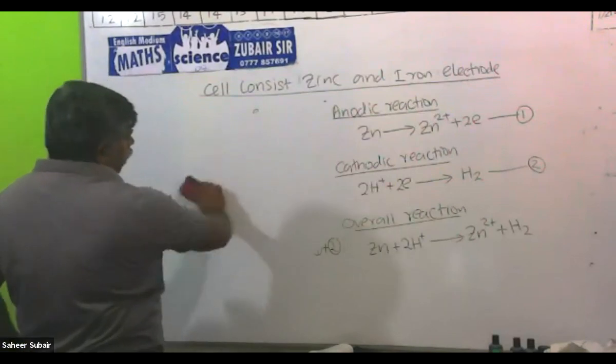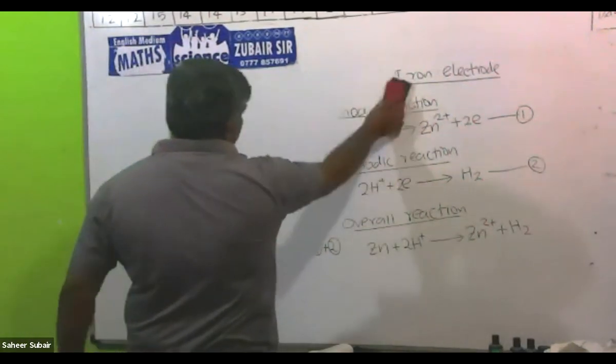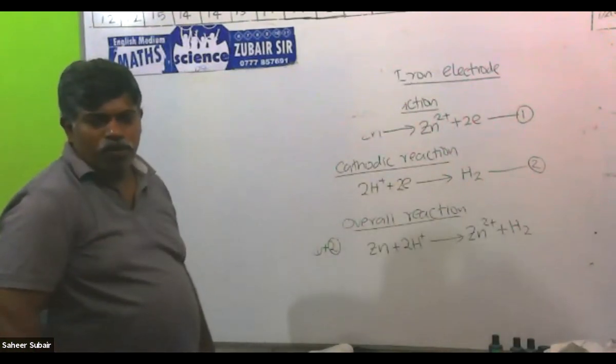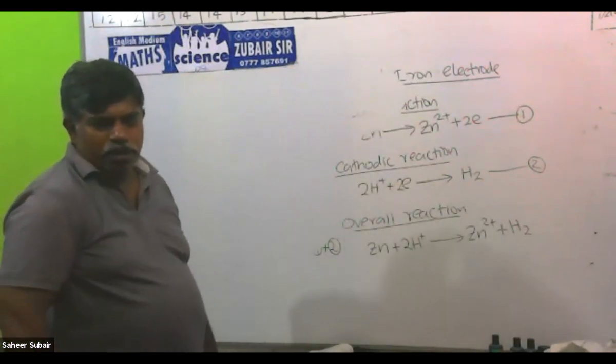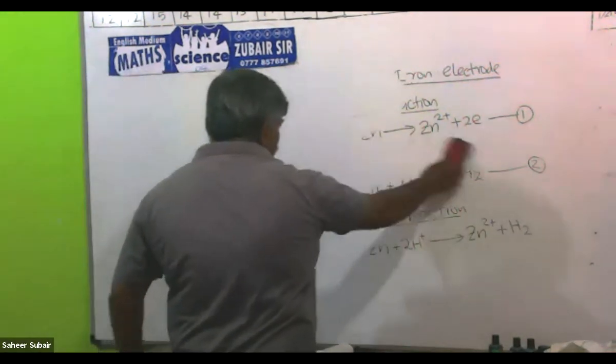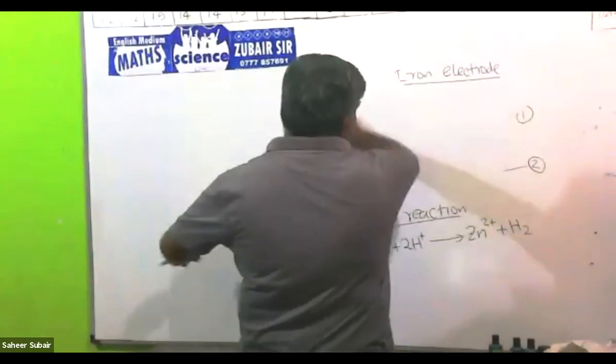So these are the cells. Cells means it has the ability to pass the current for the external circuit. It supplies the electron flow for the external circuit.